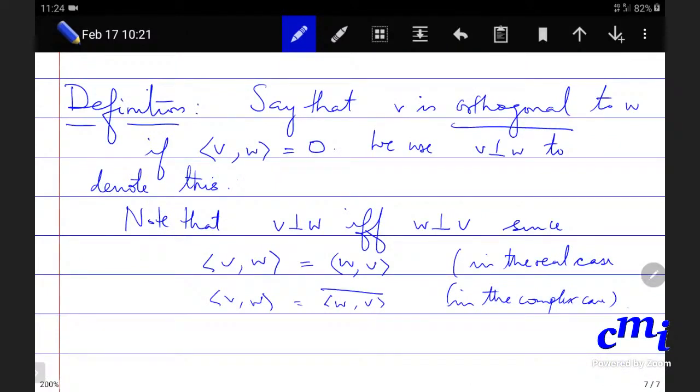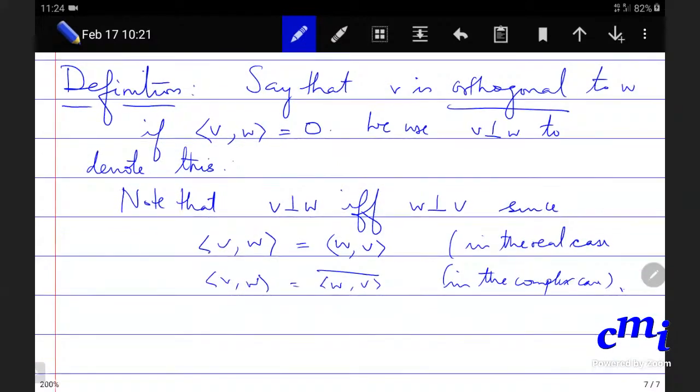If it's a non-zero number, V dot W need not equal W dot V in the complex case. But because these are 0, this is okay. And if this was the usual dot product on a real vector space, this is exactly the definition of orthogonality.